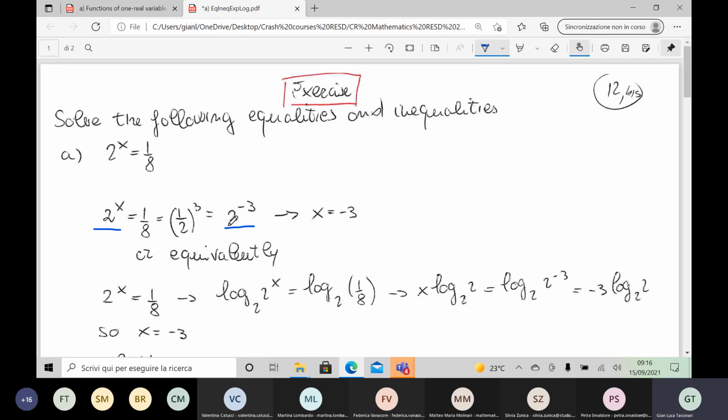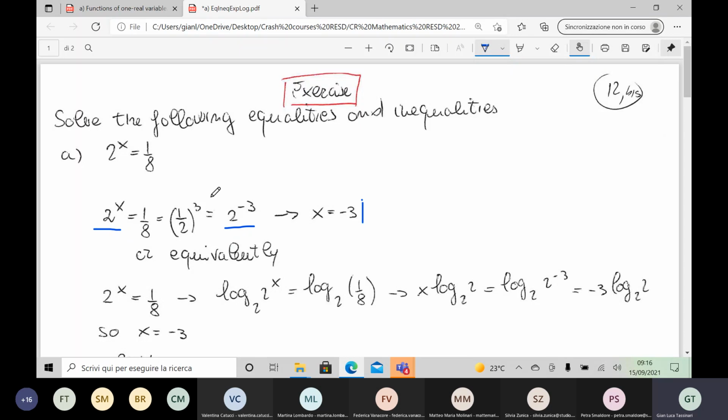Okay, this is the intuitive way. Otherwise, we can proceed by steps by using the relationship we saw yesterday between the exponential and logarithmic functions, by using the properties of the exponential and the logarithm.